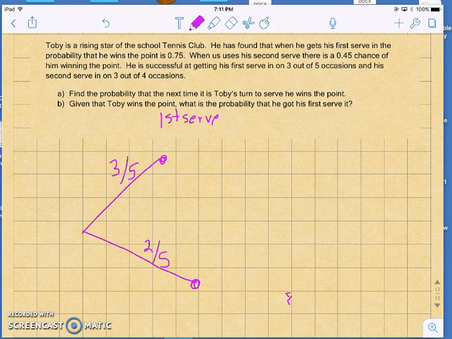So we could say that's success, and he fails on the first serve. Well, what do we know? He has found that when he gets his first serve in, the probability that he wins is 0.75. So that he wins and loses would be 0.75 and 0.25.